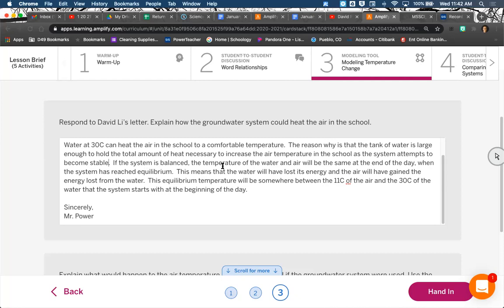If the system is balanced, the temperature of the water and air will be the same at the end of the day when the system has reached equilibrium.